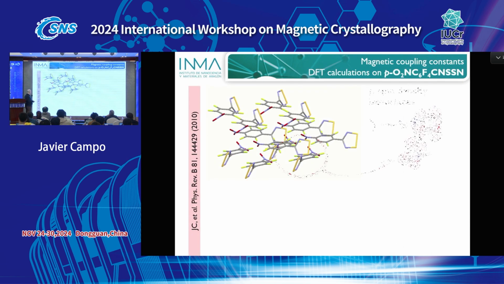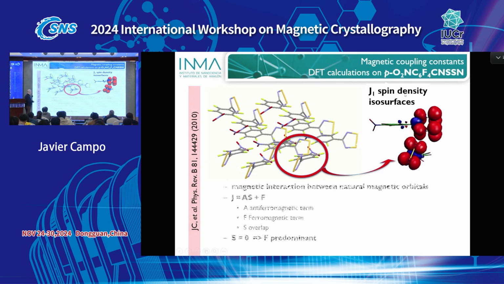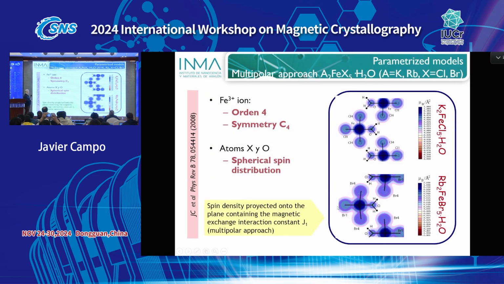With all this information, you can understand also in this compound that these two molecules are located like this, and this will produce also a ferromagnetic interaction because the overlapping is zero. Also, in the previous compound, you can use parameterized models to determine the same that we determined with spin densities.